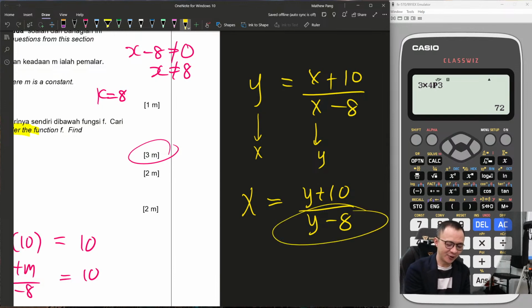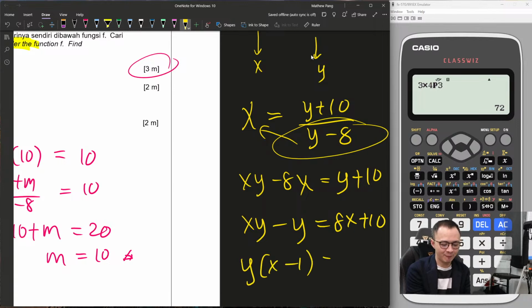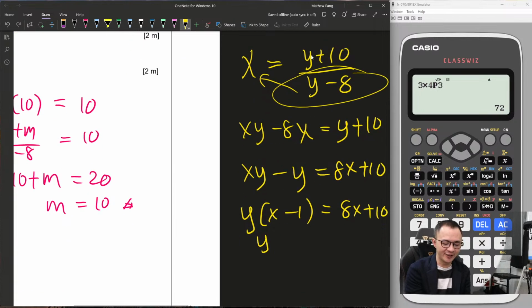Okay, so cross multiply: xy minus 8x equals y plus 10. I want to make y the subject, right? Then xy minus y equals 8x plus 10. Factorize out the y: y(x minus 1) equals 8x plus 10. Then now my y is 8x plus 10 over x minus 1. So what's my y?